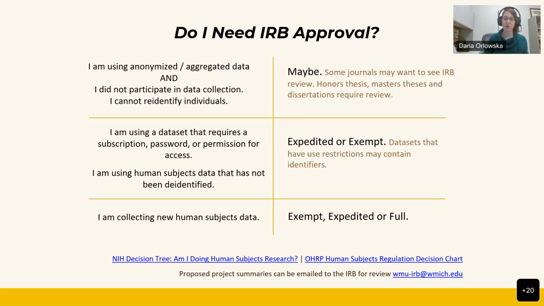There are some links for a decision tree for two different organizations if you want to take a look at those to get you started. But as Julia mentioned, project summaries can be emailed to her directly or to this email address at the bottom, wmu-irb@wmich.edu, if you need a second opinion or if you're not really sure how to get started.